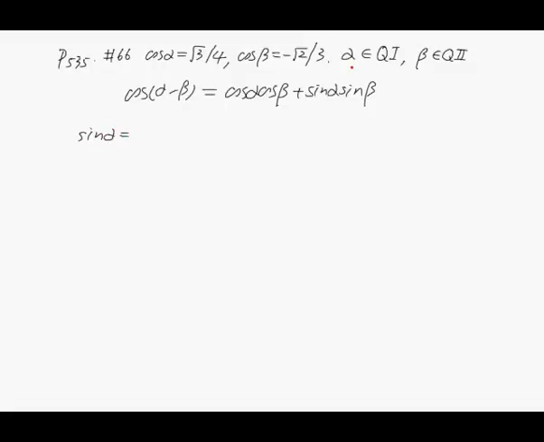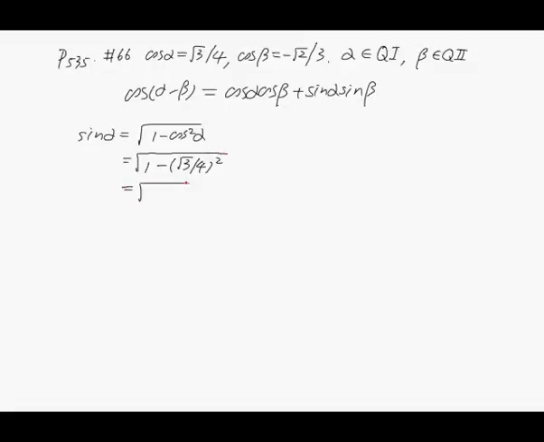And alpha is in quadrant 1, so sine alpha is positive, right? So sine alpha is equal to the positive square root of 1 minus cosine squared alpha by the fundamental identity. So this is equal to the square root of 1 minus the square of root of 3 over 4.